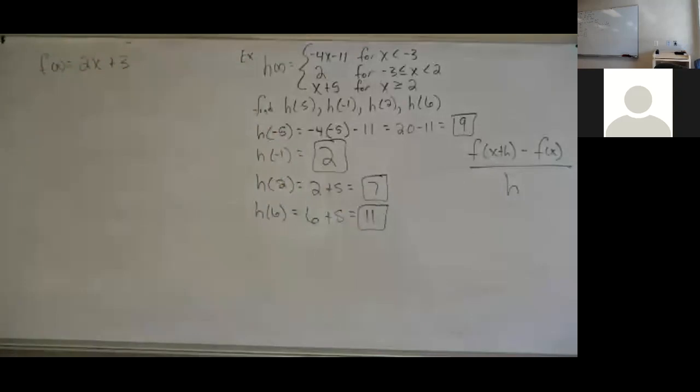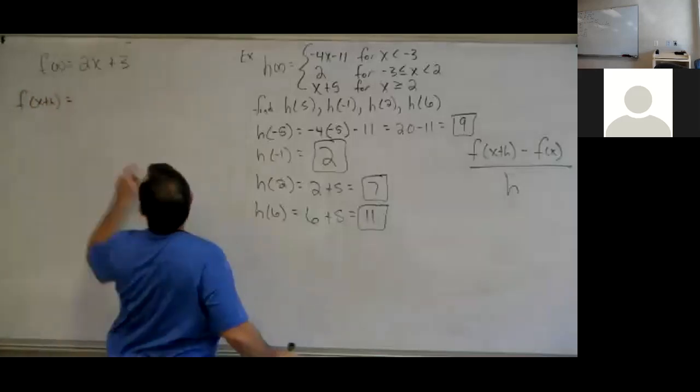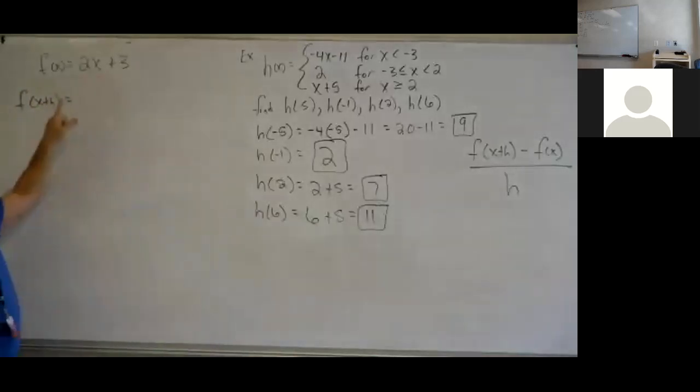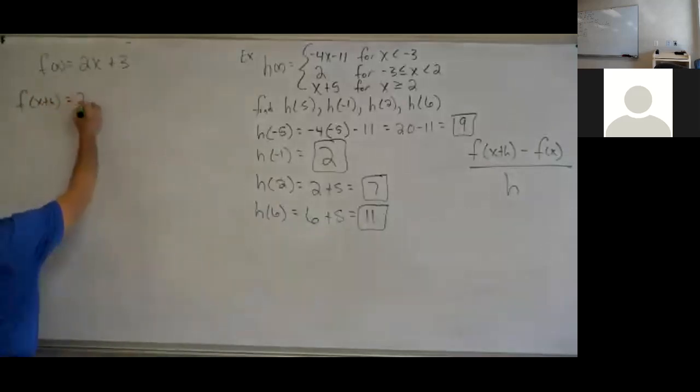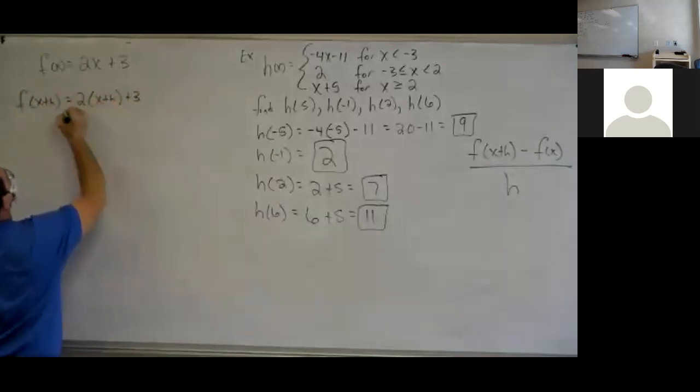Well, we're going to use that formula to find it. So to use that formula, first, I find f of x plus h. To find f of x plus h, well, this has an x, so I'm going to put x plus h. So that'll be 2 times x plus h, plus 3.